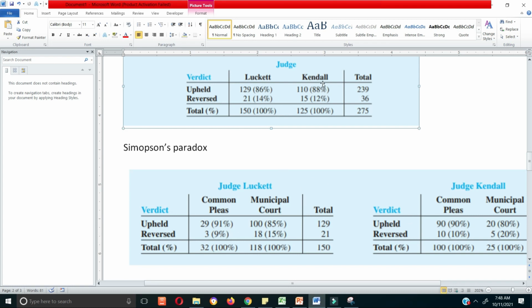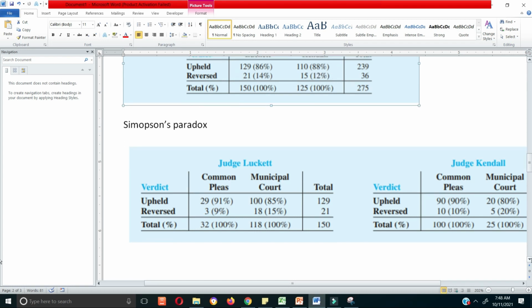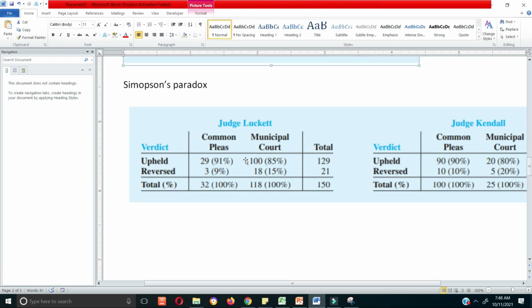You find that Judge Kendall has a lower reversal rate. So based on this, you could say Kendall is the better judge. But if you drill even further and analyze this data by type of court, you actually find that in both types of court, Judge Kendall has got a higher reversal rate.